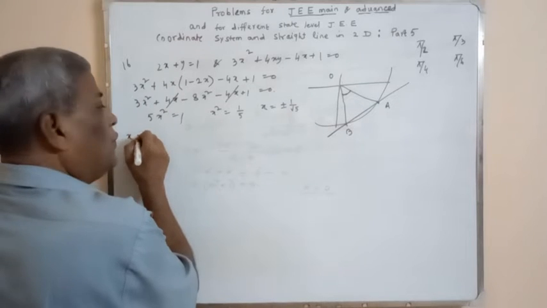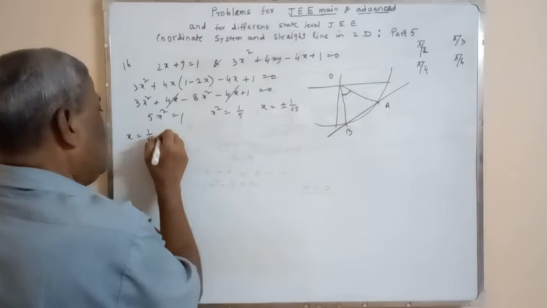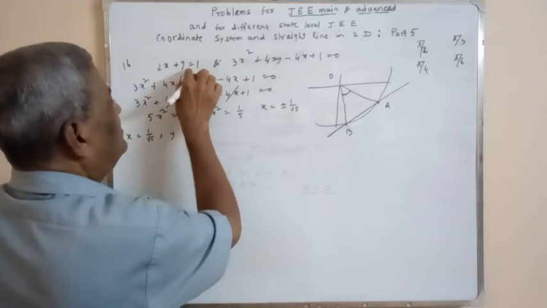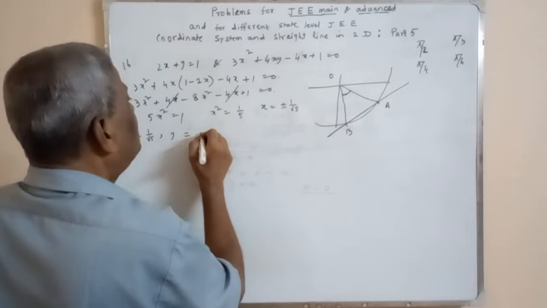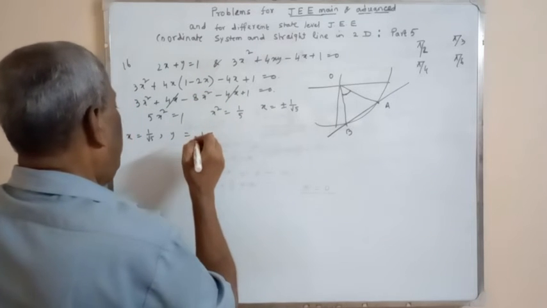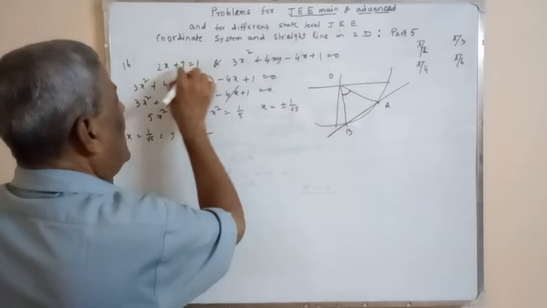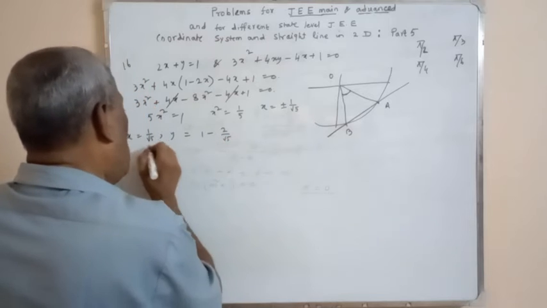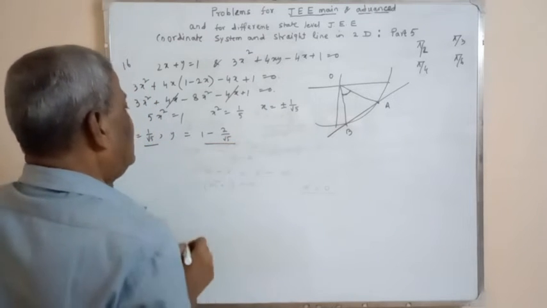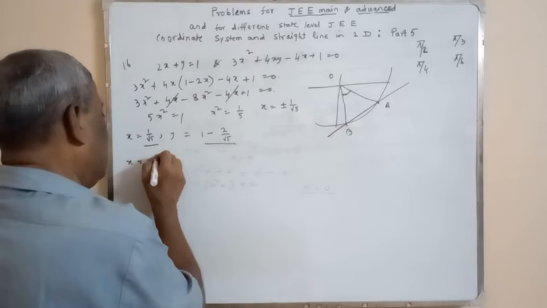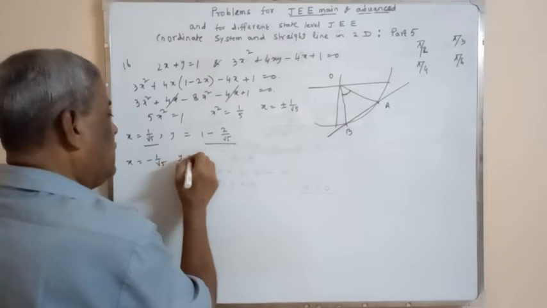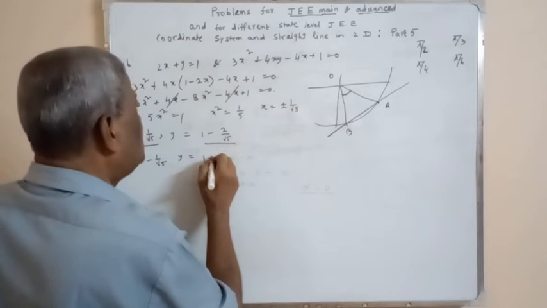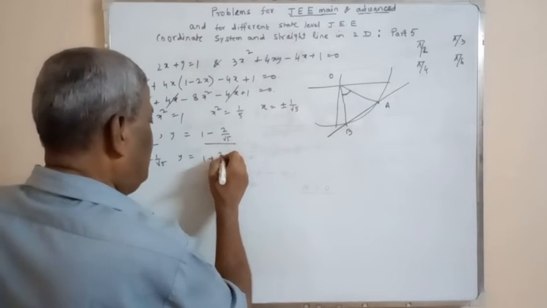If x is equal to 1 by root 5, y can be obtained from there: 1 minus 2x, which means 1 minus 2 by root 5. So point A is this, comma that. When x is equal to minus 1 by root 5, y will be 1 plus 2 by root 5.